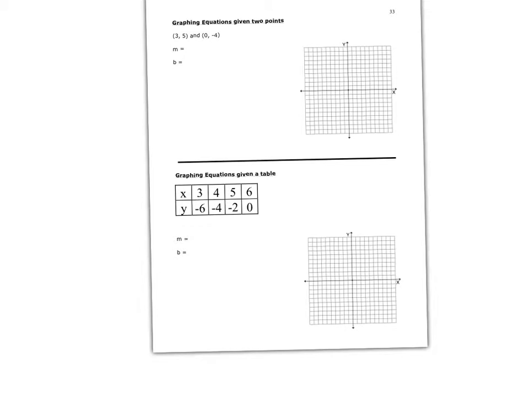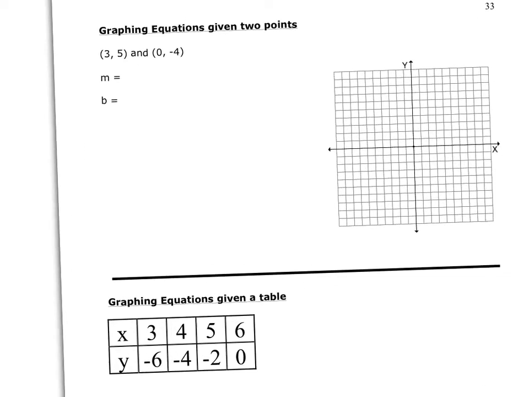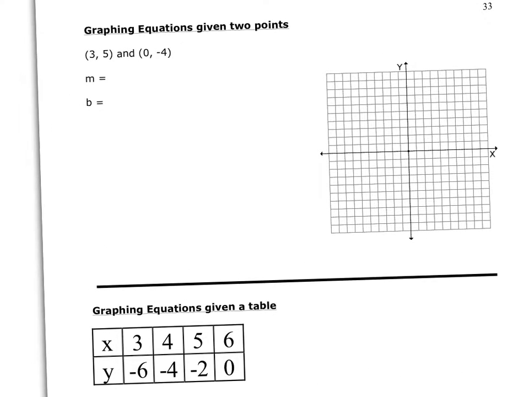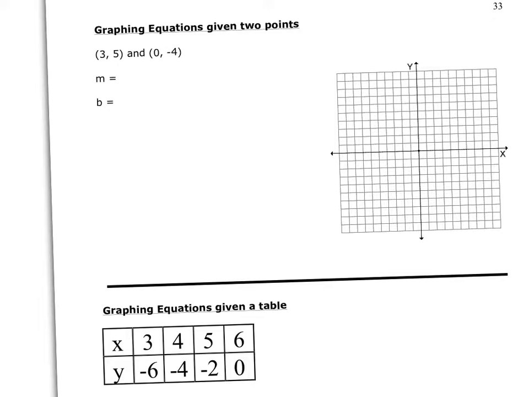All right, we have a couple of examples left, and we need to figure out how to find the slope and the y-intercept given two ordered pairs. Okay, so you know that you can find the slope using your y2 minus y1 formula. So if you plug this into that formula, it would look like -4 minus 5. Remember, those are y1 and y2.